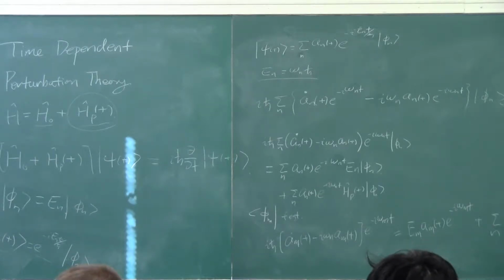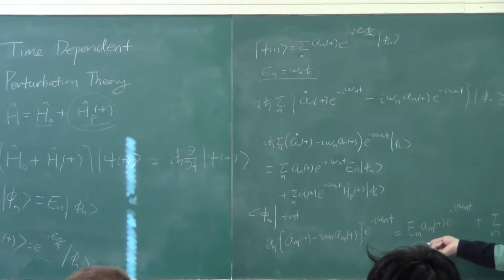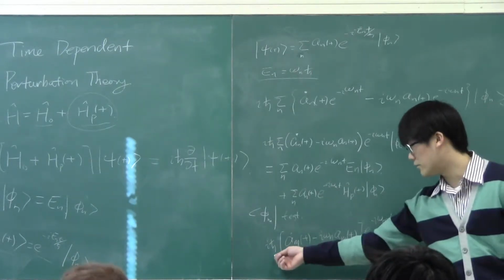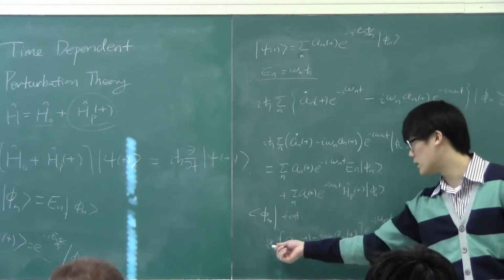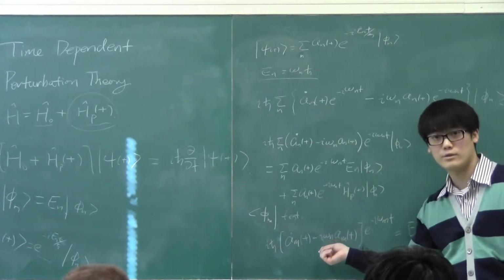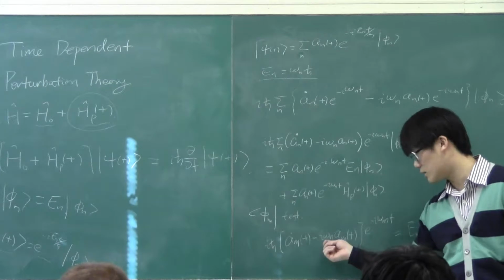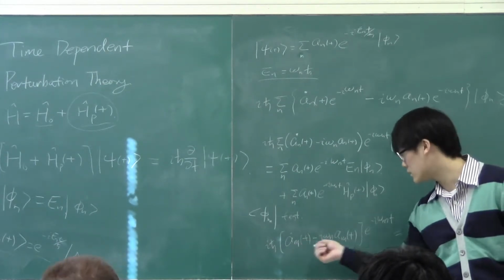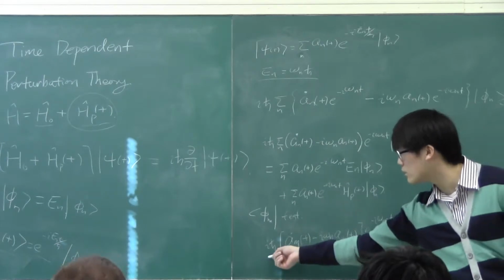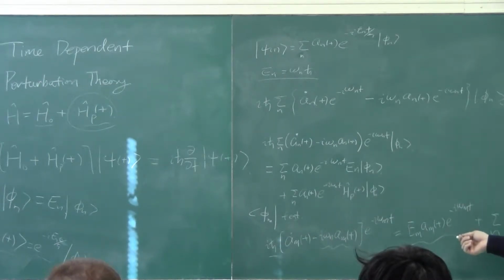Correct? So now, once again, let's look at this term, and if we were to multiply that i h bar inside, i sees i minus i gives you a plus factor. H bar sees omega_n gives you E_n, right? So this term and this over here actually cancels with this.